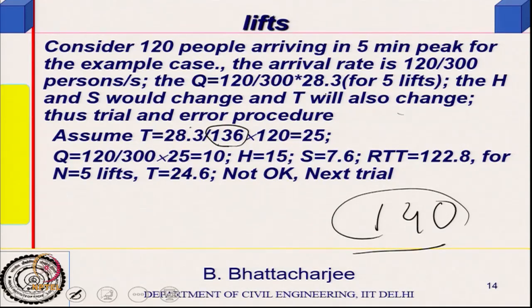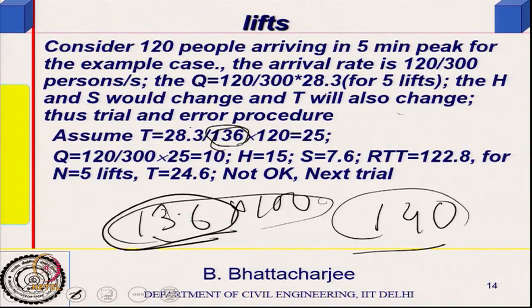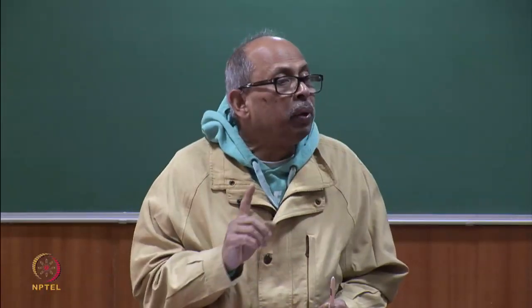We took 136 people. 13.6 percent means out of 1000, in 100 it is 13.6, in 1000 it is 136 people. That's what we calculate as handling capacity. So it was handling 136 people, but now how many people do I want to be handled? 120 people.